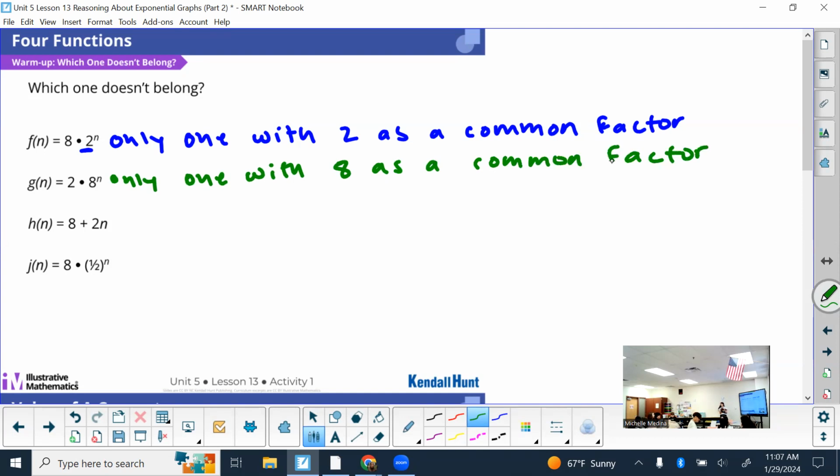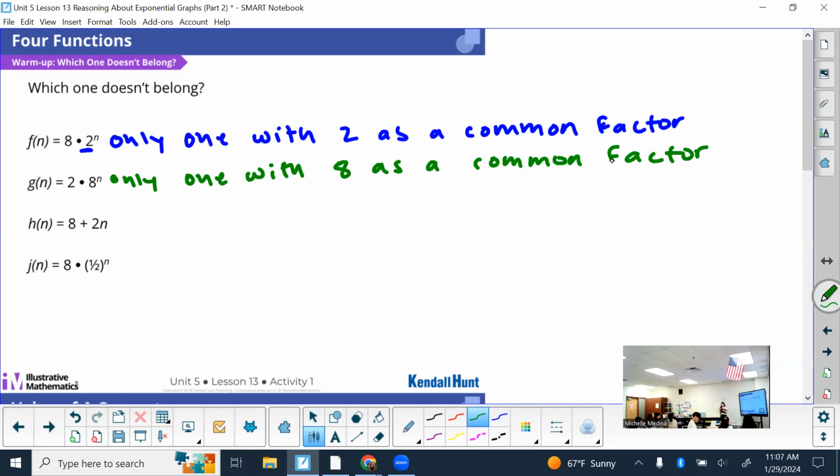No one else in the class? Do you have another reason why it doesn't belong other than about the 8? Why else doesn't it belong?